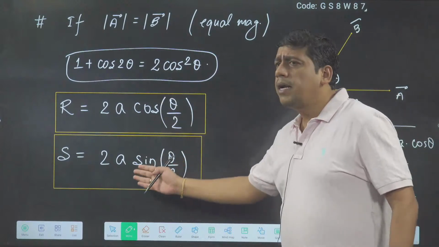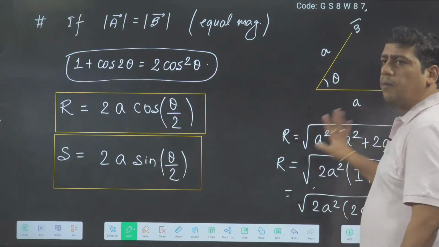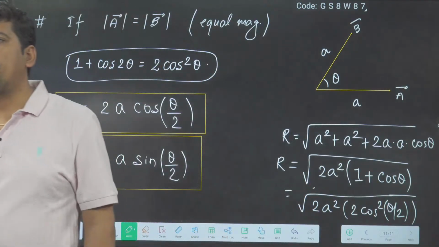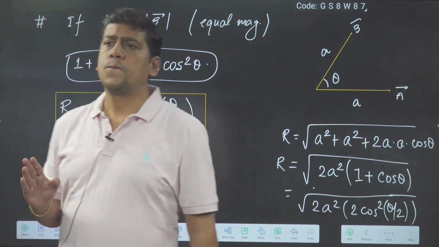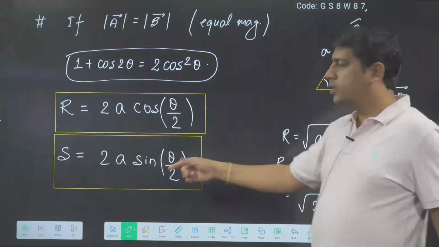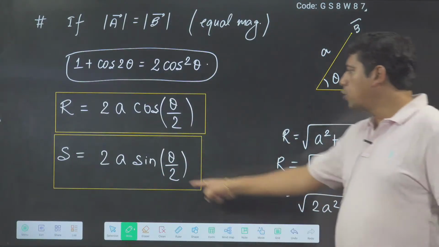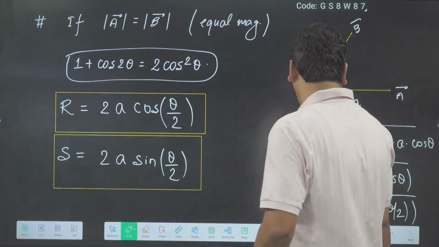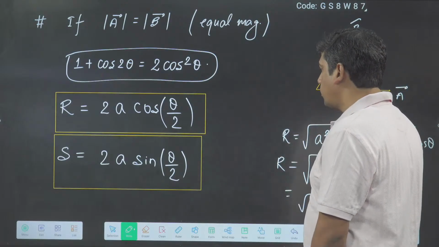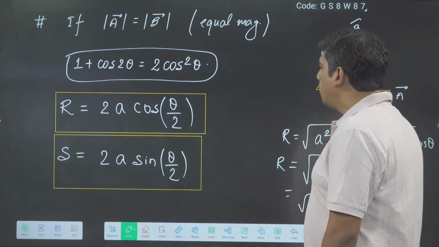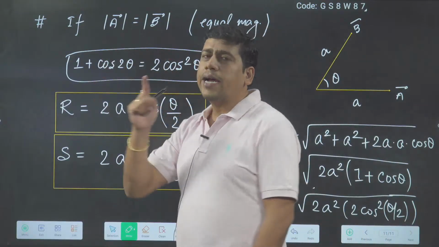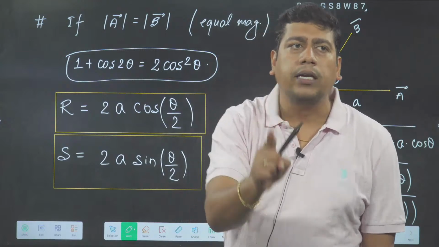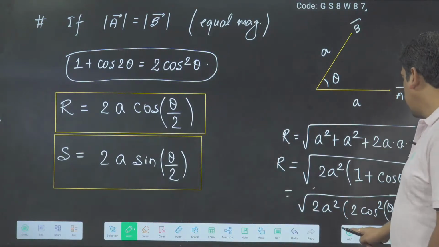But if you don't remember it, don't worry, we already have one method. 10 seconds extra we will give, no worries. This one derivation you will do just like this. This is your homework. But it is only applicable when the vectors which you are adding or subtracting have equal magnitude. Then only it is applicable. Then the question.